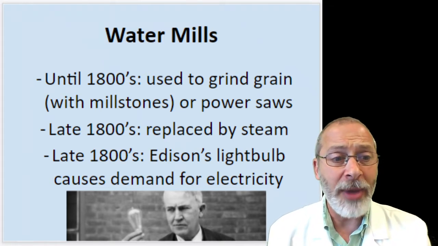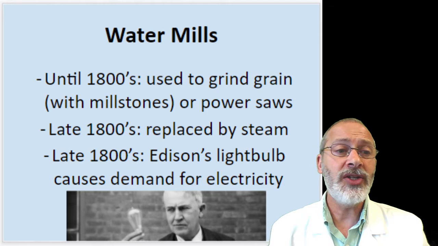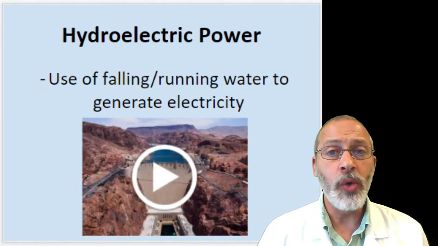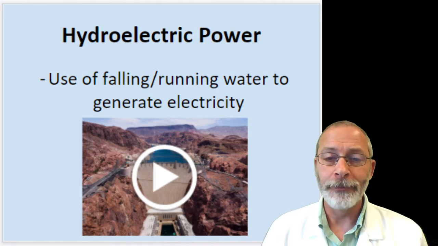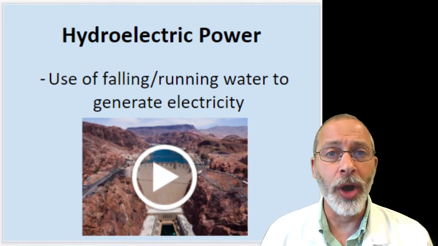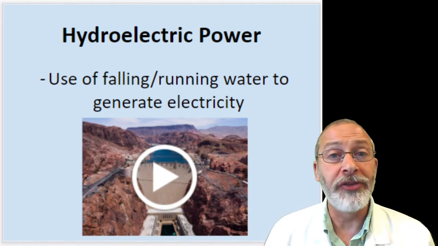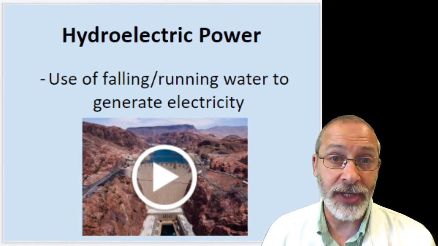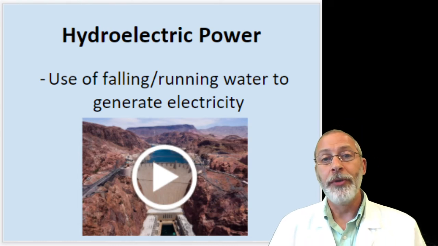And when we talk about water generating stations, we're talking about something called hydroelectric power. Hydro, the prefix hydro refers to water. Electric refers to electricity, obviously, and power refers to power.